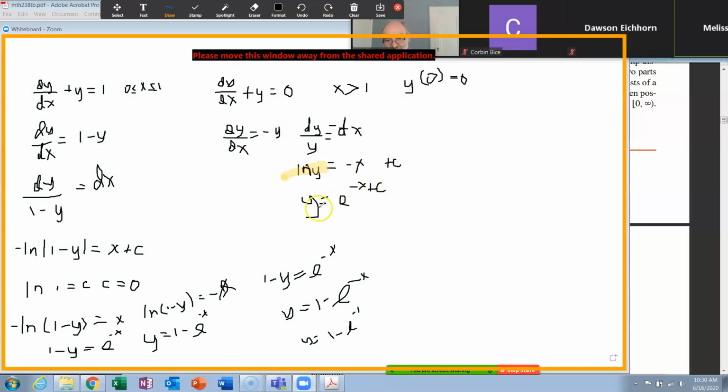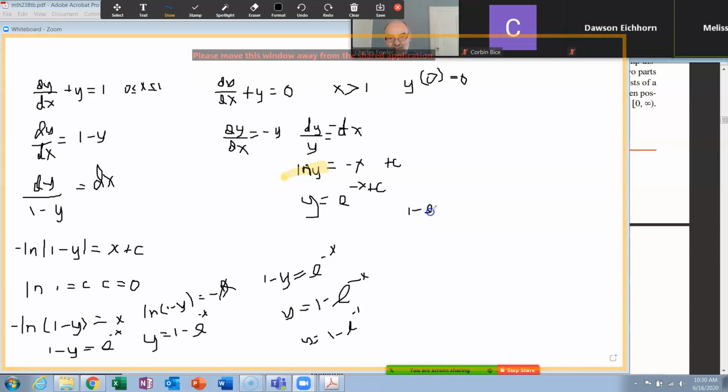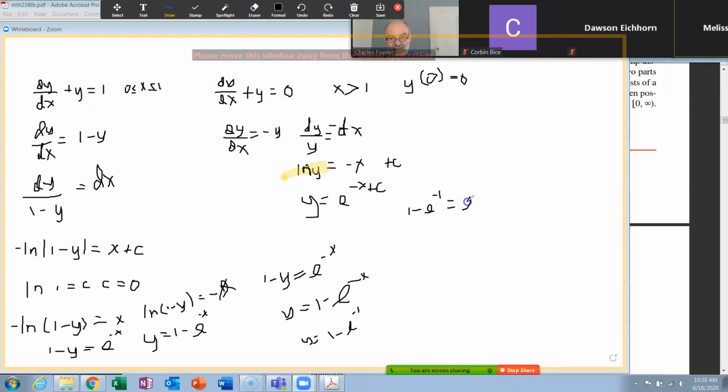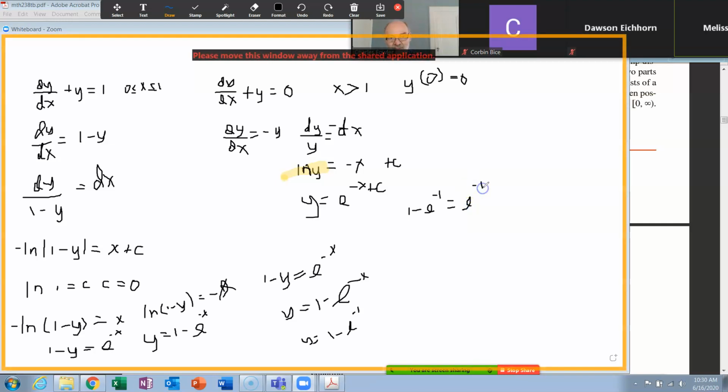Okay, and then we e'd both sides to get this to be y. Now, we're going to plug this value in when x equal 1. So this is going to be a 1 minus e to the minus 1 is equal to e to the minus 1 when x is equal to 1 plus c.